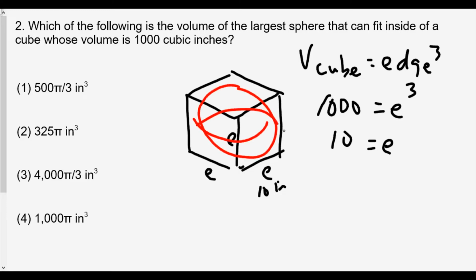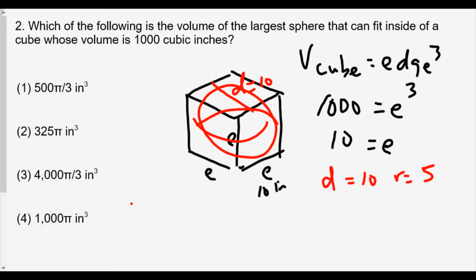And in this case, the diameter of the sphere is equal to 10 as well. Because it's the same width as fitting into the box, if the diameter is 10, the radius has to be half of that, which is 5.